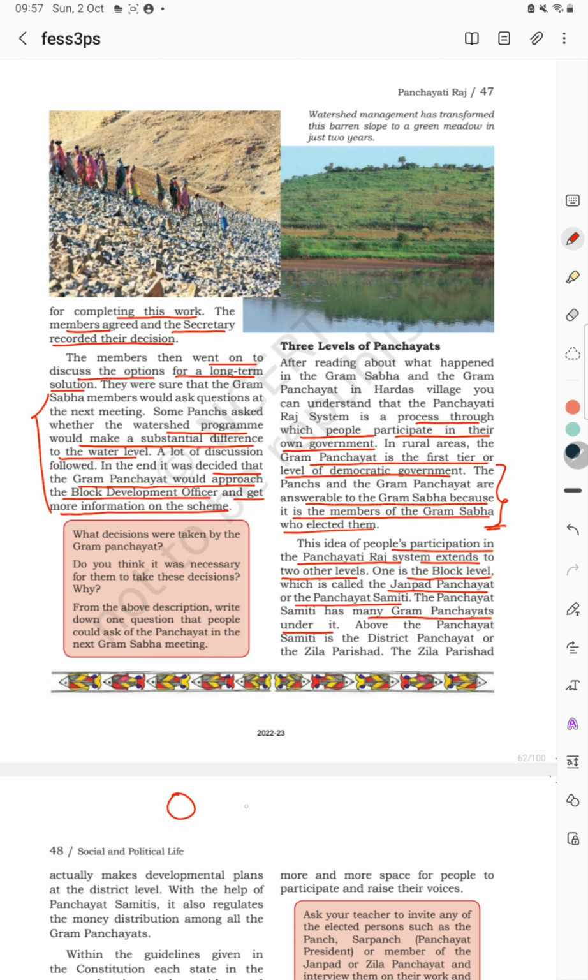So these come under one Panchayat Samiti. This is another Panchayat Samiti. Above this we have, let me explain it in a better way.